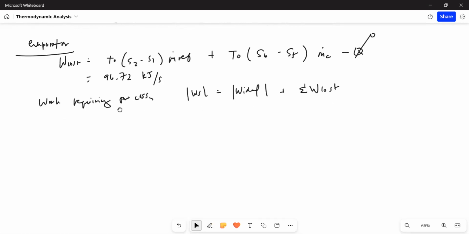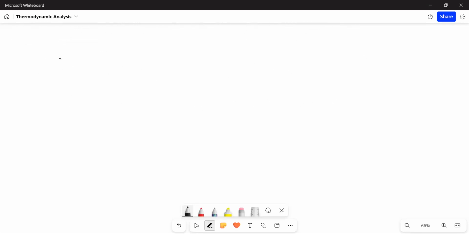So we write the table: our work ideal first, and then the summation of the work lost, first in the compressor, next the condenser, throttle valve, and then evaporator.